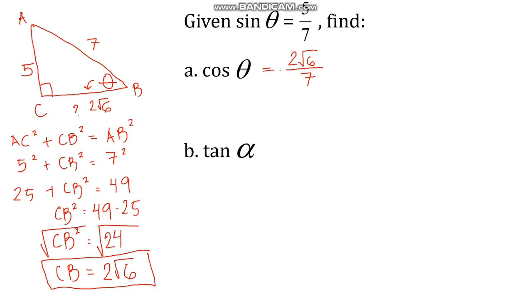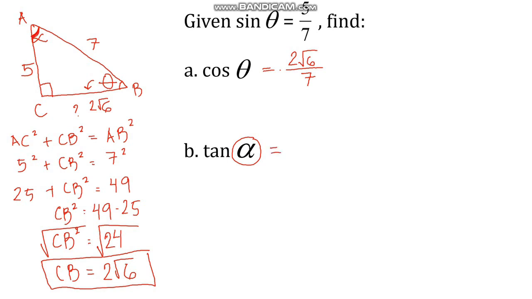Next, let's solve for the tangent of alpha. Now, this one now, alpha right here, refers now to a different angle. So if this angle is theta, now the other acute angle can be labeled as the alpha. So that means they are now two different angles. So let's now solve for the tangent of alpha. So we will now be looking at this angle right here.